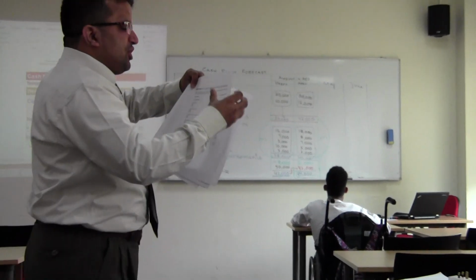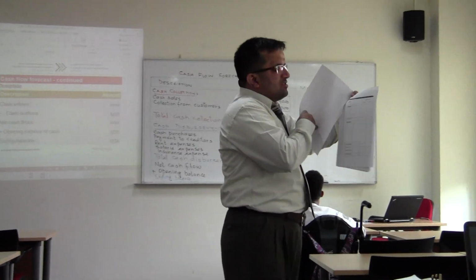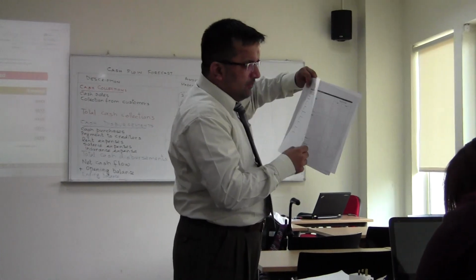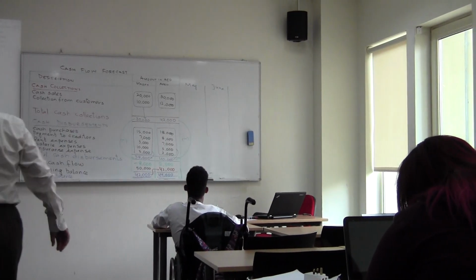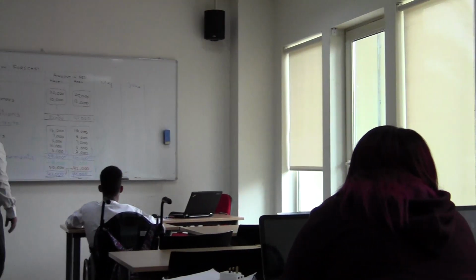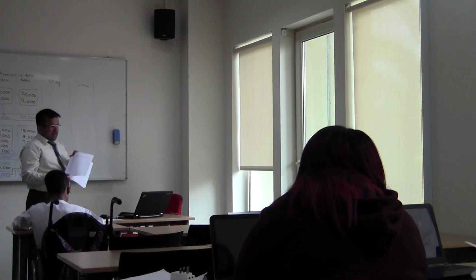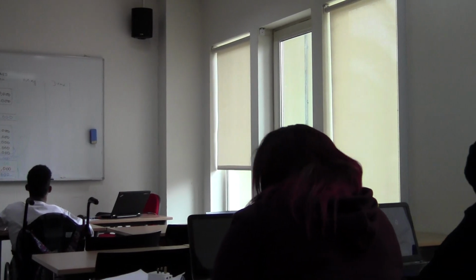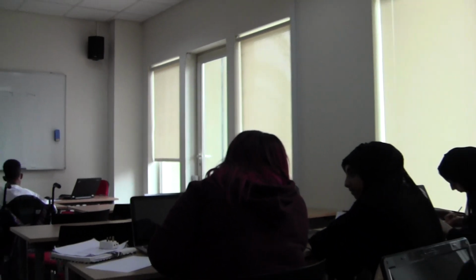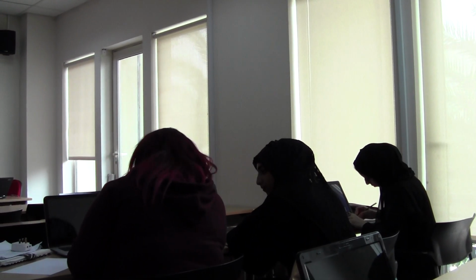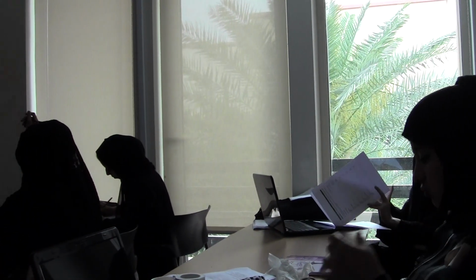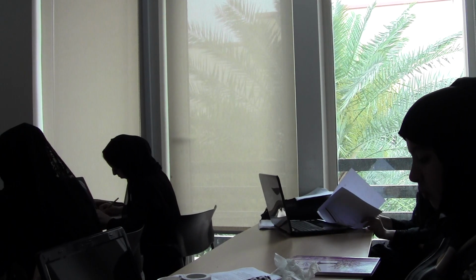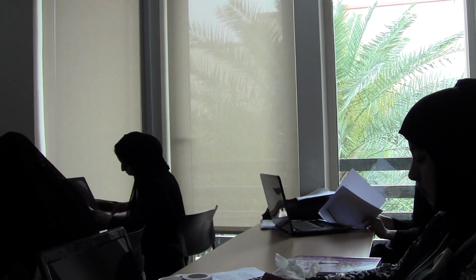A little variation is there, please complete it independently. Okay? And if you need a calculator, you can use my calculator also. And this is what we have studied, the cash flow forecast. And for your convenience, if you want it, I will put the question here.